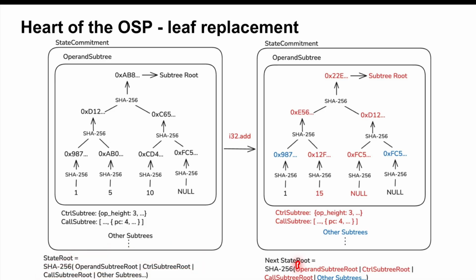So the digestion also changed, but it changed based on the roots that are changed, not by the roots that are not affected. For example, memory subtrees here as well, it stayed unchanged, and in the next state root calculation it also stayed unchanged, so we didn't have to do anything about memory.